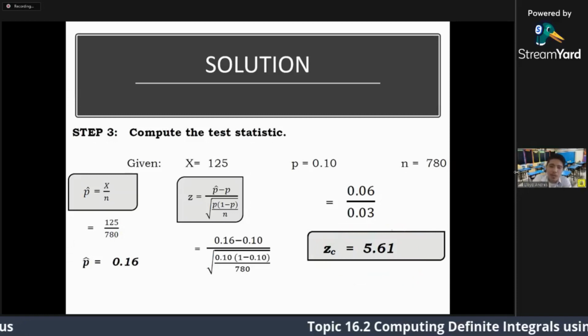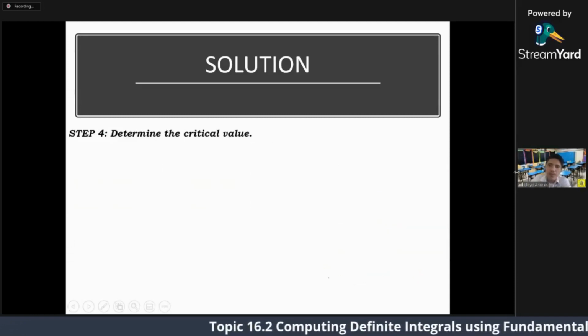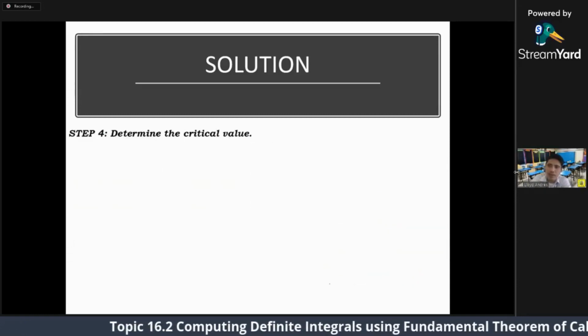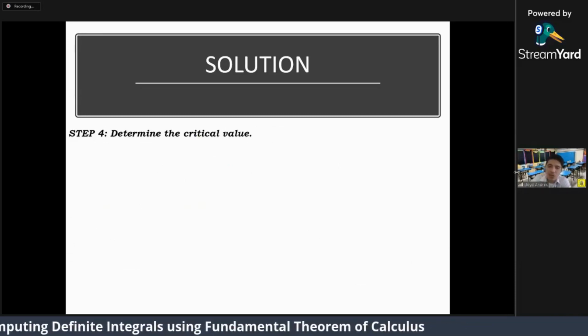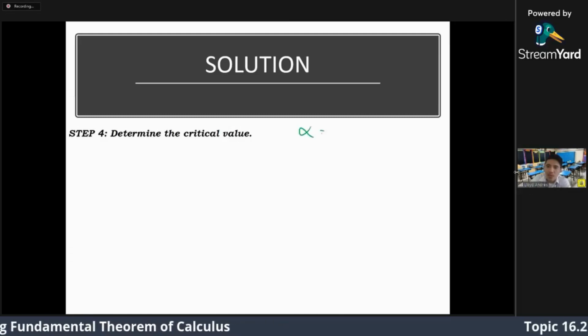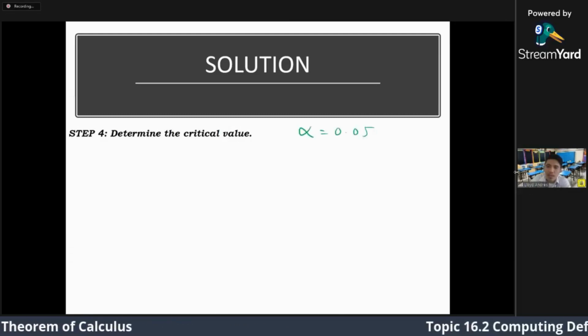We now proceed to step 4, which is to determine the critical value. We will use the critical value approach. So we need the alpha, which is 0.05, and what kind of test.